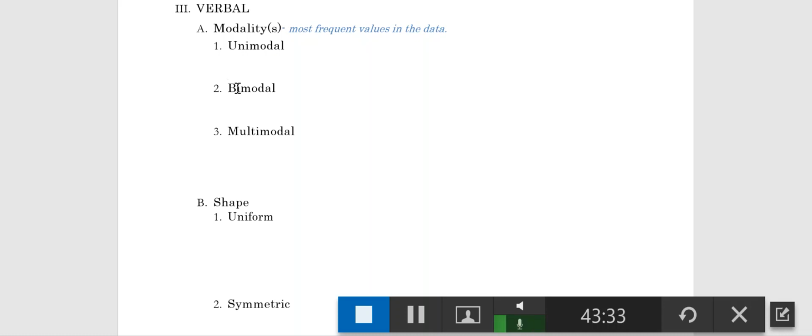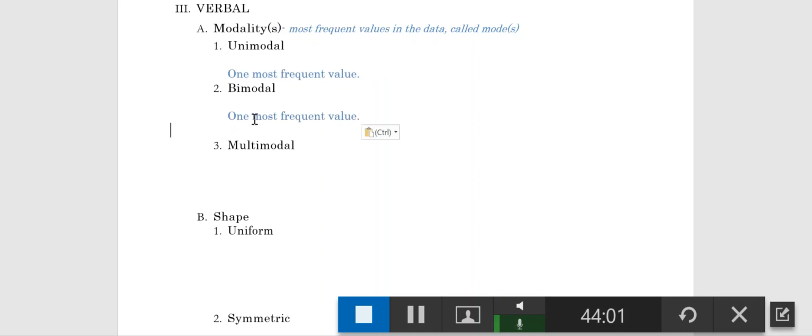So unimodal is when you have one most frequent value in the data. These are called modes, and I'm going to put the S in parentheses because you might not have more than one, as we just saw. Uni for 1, which you already know.